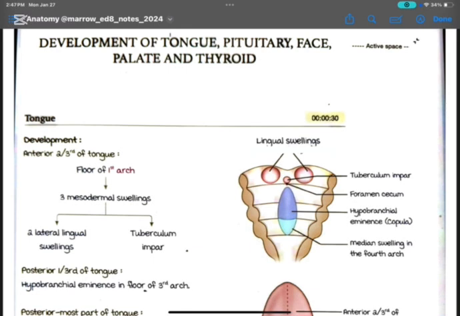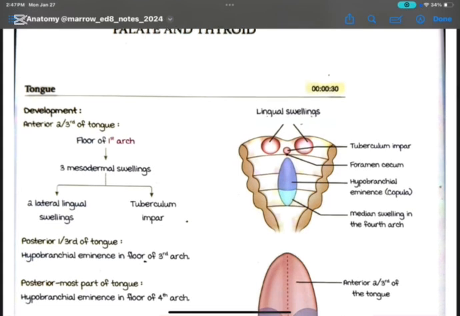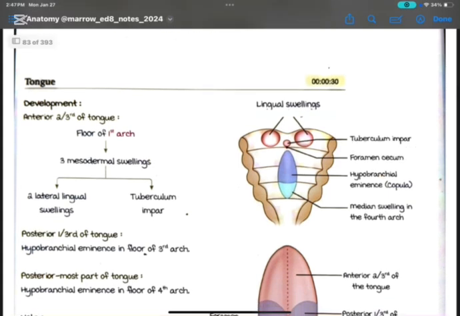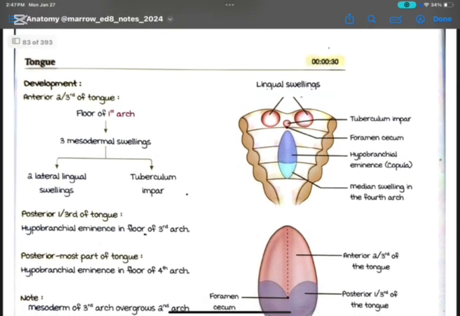Development of tongue, pituitary gland, palate, and thyroid. Tongue. Anterior 2/3 of tongue develops from first arch, 3 mesodermal swellings, 2 lateral lingual swelling, and tuberculum impar. Lingual swellings, tuberculum impar, first pharyngeal arch, foramen cecum.